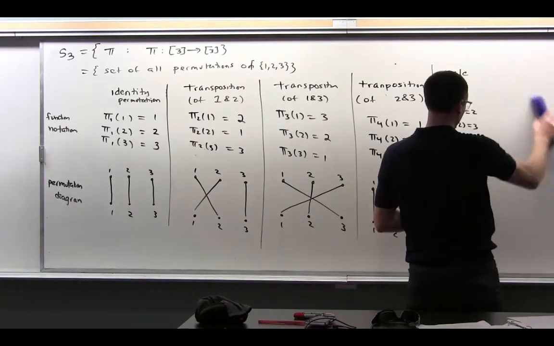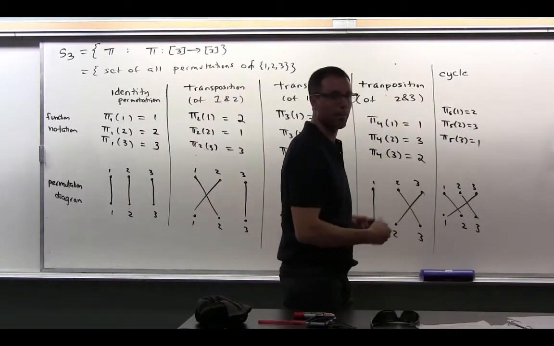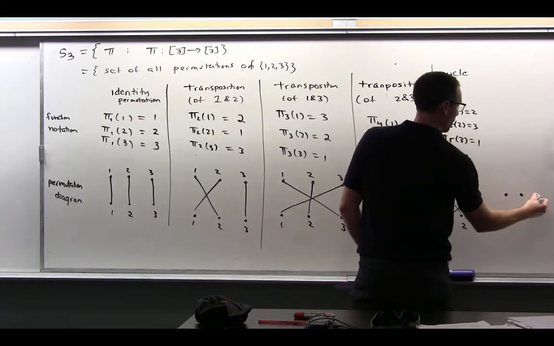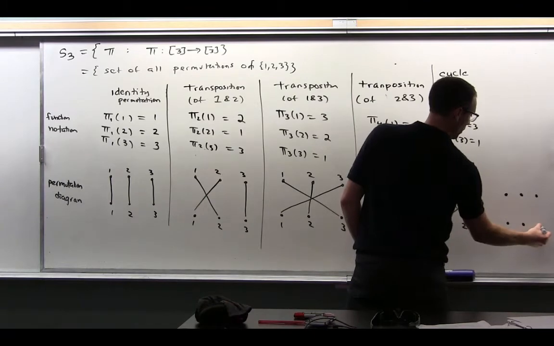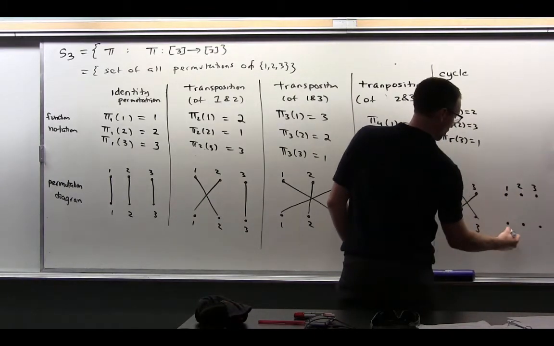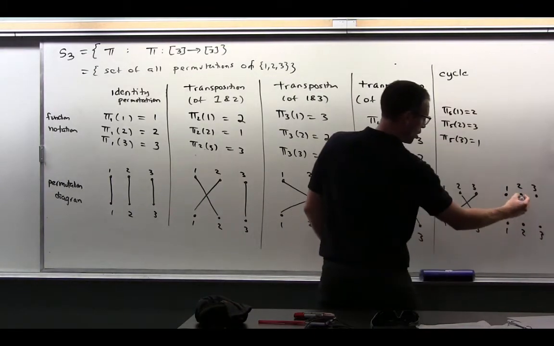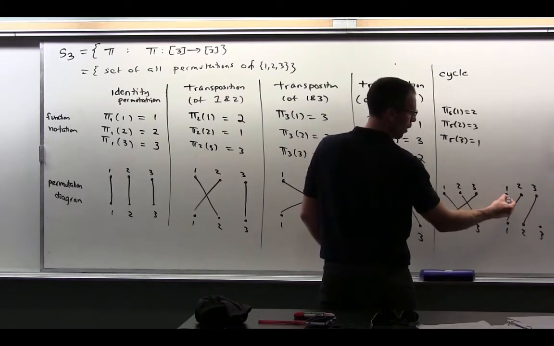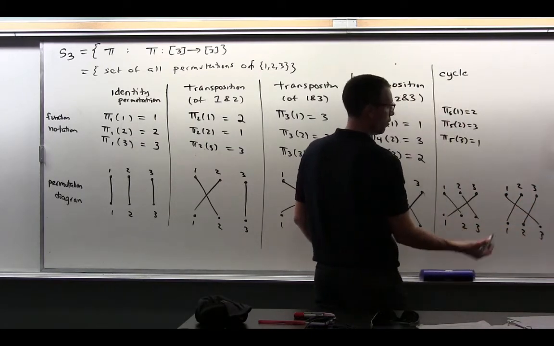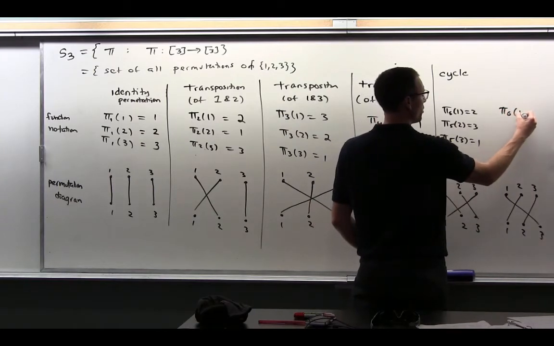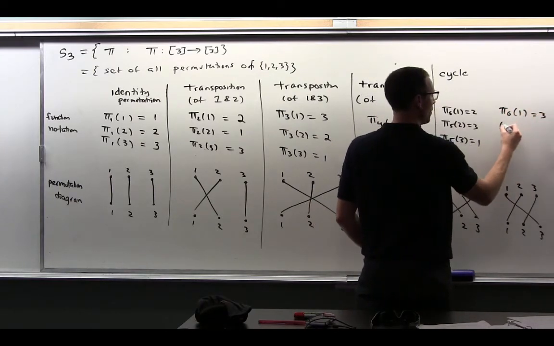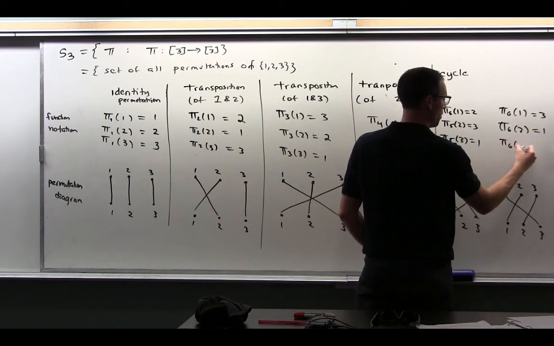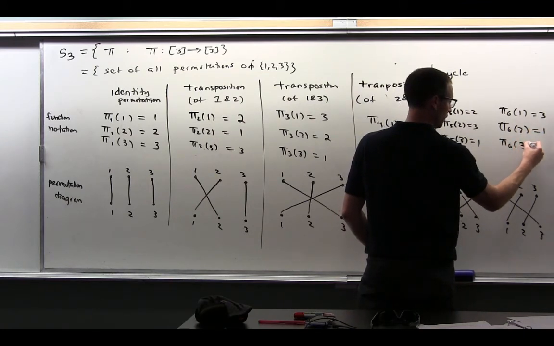So what's the other cycle that we haven't hit yet? 2 would go to 1, 3 would go to 2, and 1 would go to 3. So here we would have the 6th permutation. 1 went to 3, 2 went to 1, and what? 3 went to 2.